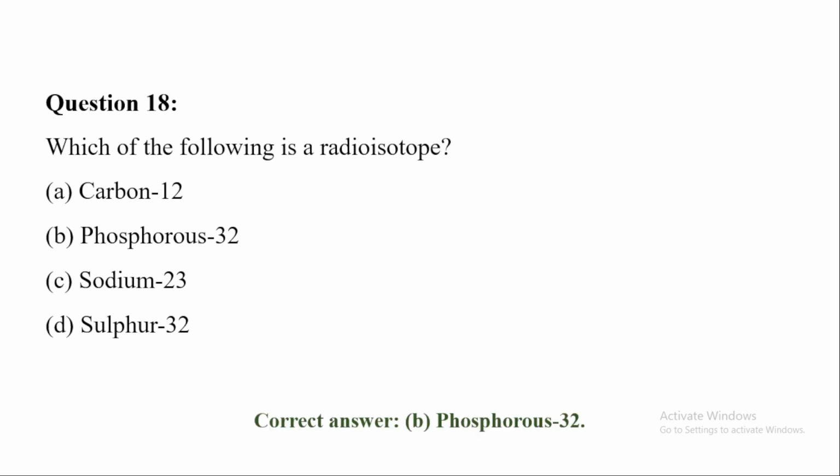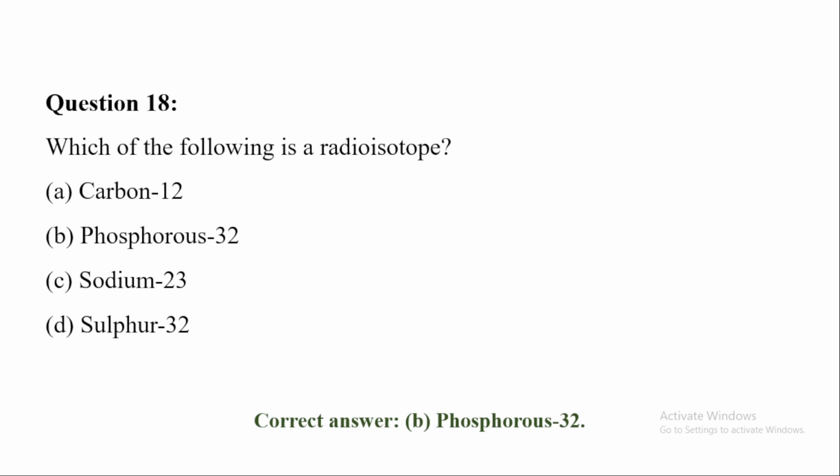So the answer for this question is phosphorus 32. Sodium 23 and sulfur 32 also don't have any radioactivity. The radioactive form of sulfur has the atomic mass of 35.